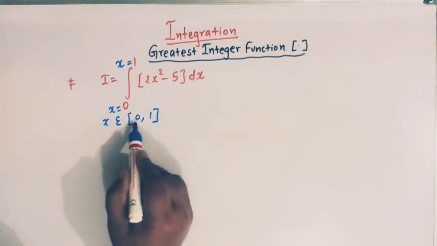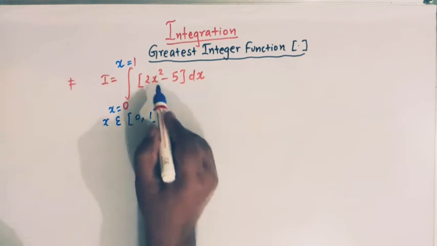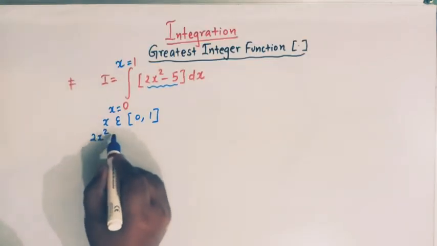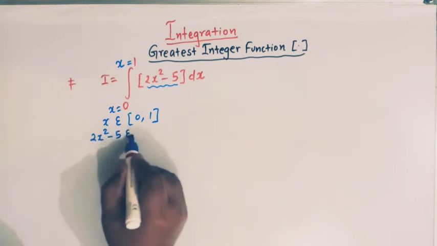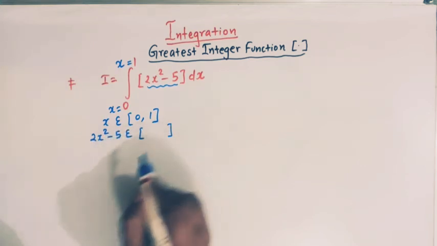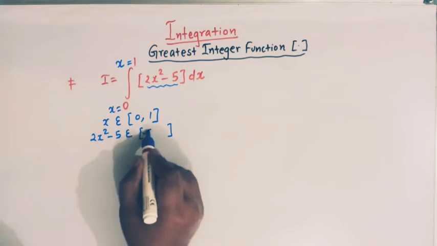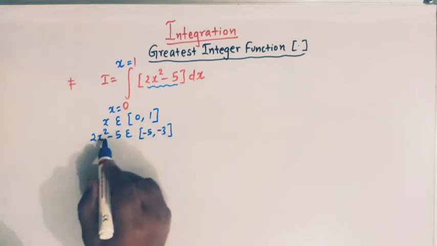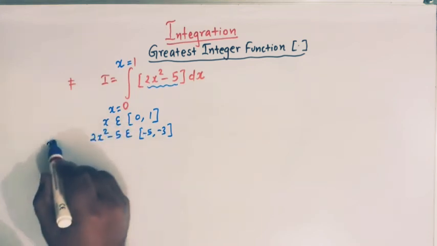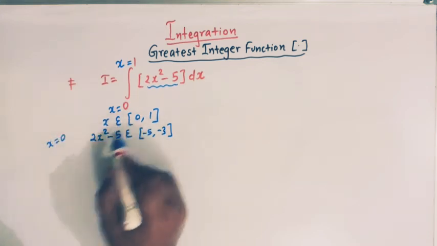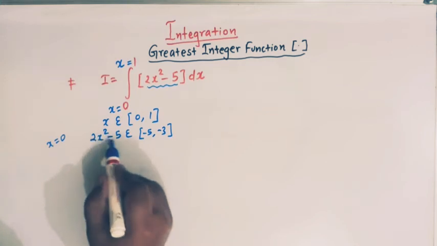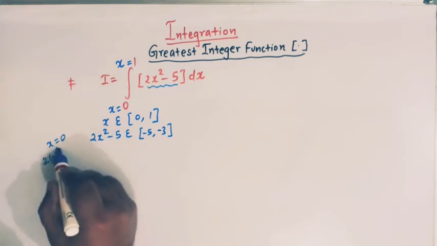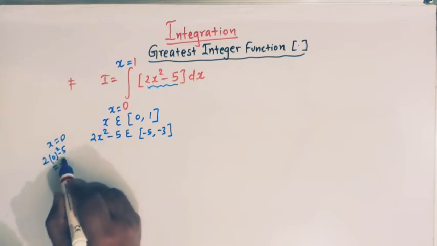When x belongs to the interval 0 to 1, then 2x square minus 5 belongs to the interval minus 5 to minus 3. How? When x is 0, the value of 2x square minus 5 is 2 times 0 square minus 5, that is minus 5.